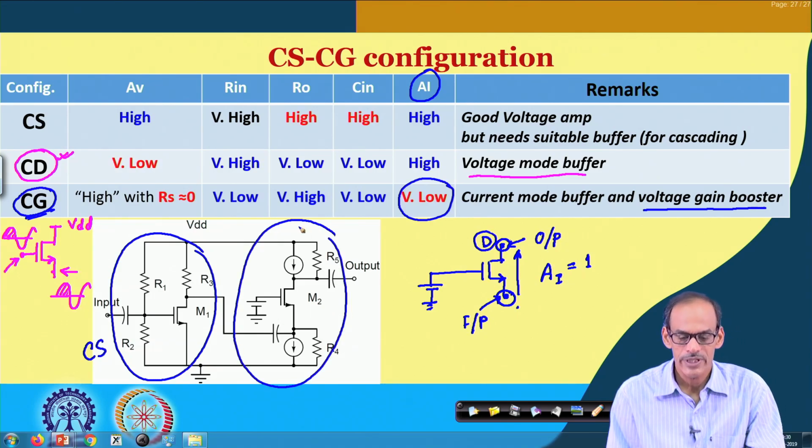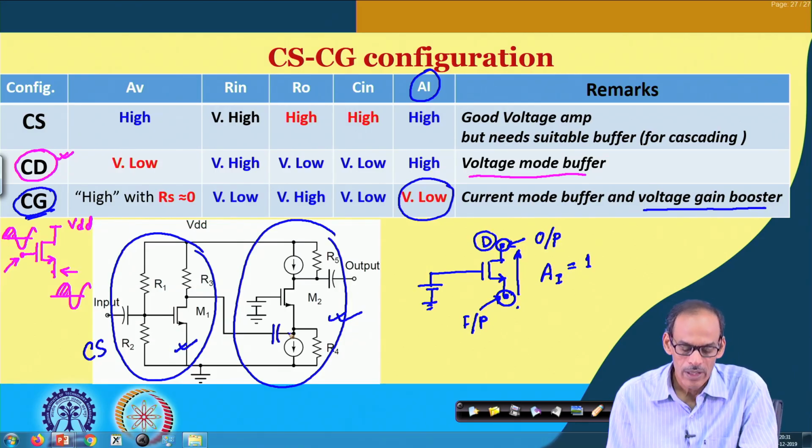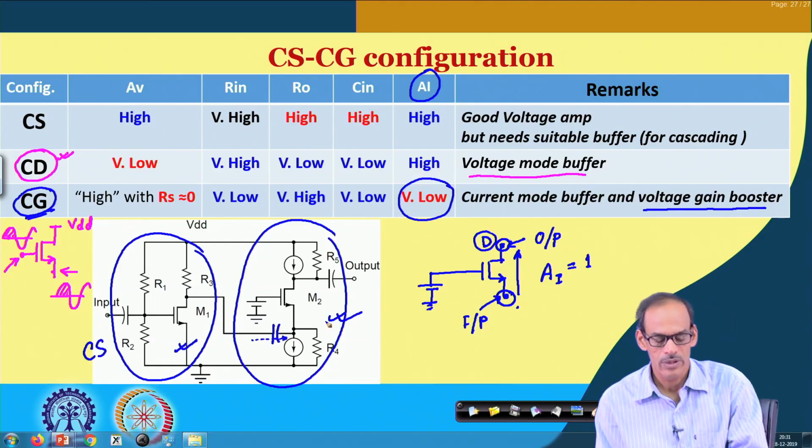Similar to CE followed by CB, here also we can isolate the DC operating point of the first stage and second stage by placing a DC decoupling capacitor, and only feed the signal from the first stage to the second stage.